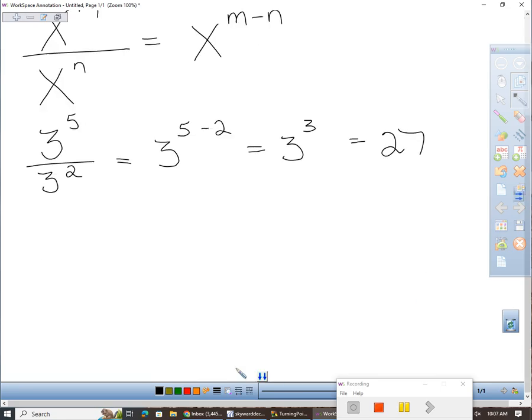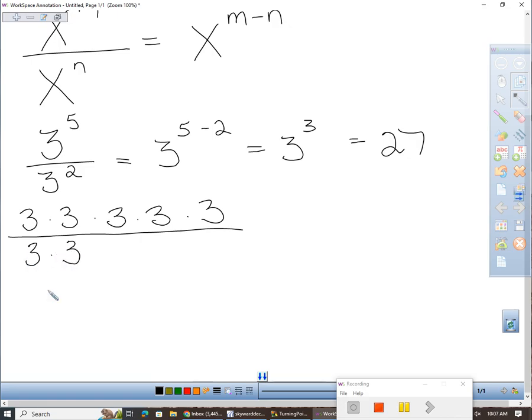The reason this works, and I believe this is how you guys used to do it before you got into the rule, 3 to the 5th means I have 3 times 3 times 3 times 3 times 3 divided by 3 squared. So then you can cancel those ones that are the same, and what does that leave you with? 3 to the third power, right? Which is 27. So that's why the rule works.